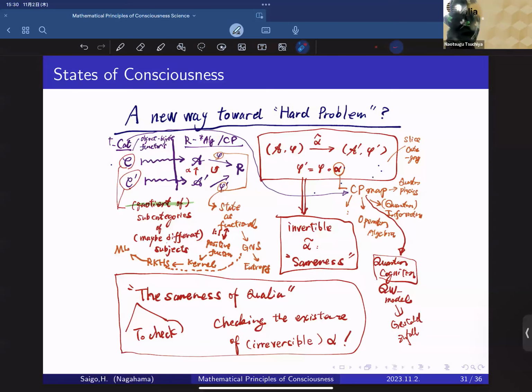The point is to check the sameness of the Fourier structure, which can be reduced to some kind of reversible alpha. In other words, this is a completely positive map, and using, for example, an instrument kind of apparatus, we can define the sameness or non-sameness of the Fourier structure, like a phase transition-like state change.